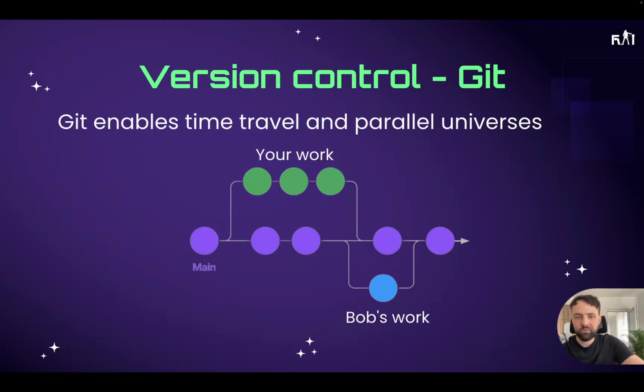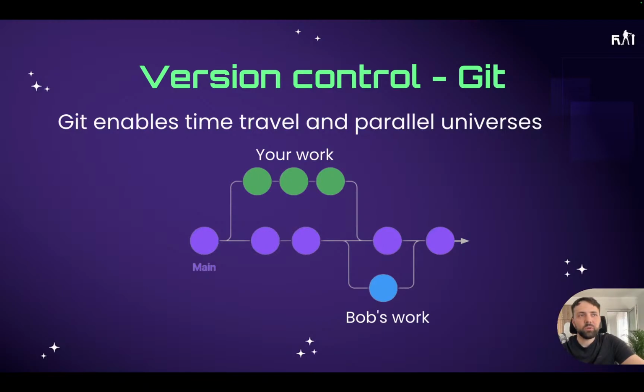The slides, of course, only show the theory, and I'll go into a folder and show you how everything works. But in a nutshell, version control lets you have checkpoints in a way for your work.